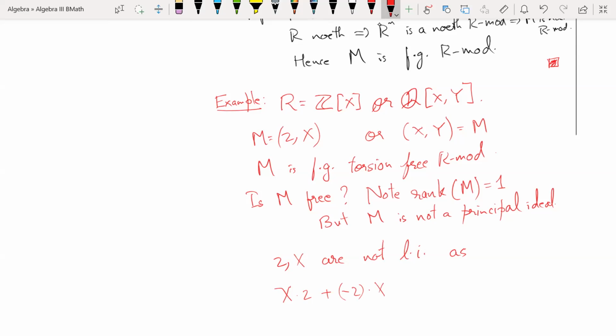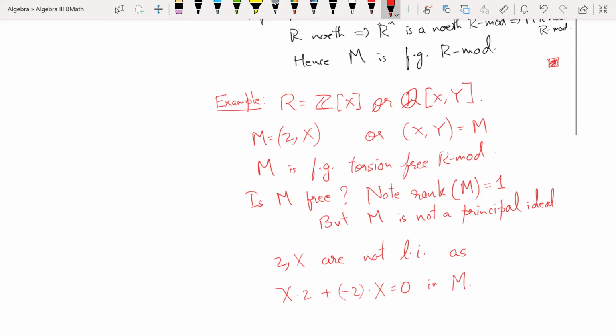This is 0 in M. So that tells you that 2 and x are not linearly independent. Similarly, you take any two elements and you multiply the second one by the first and the first one by the second. They are also elements of the ring, fortunately.